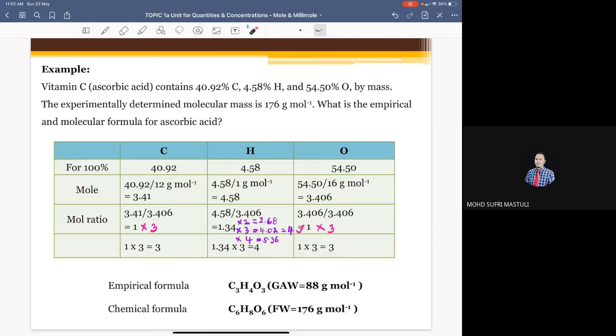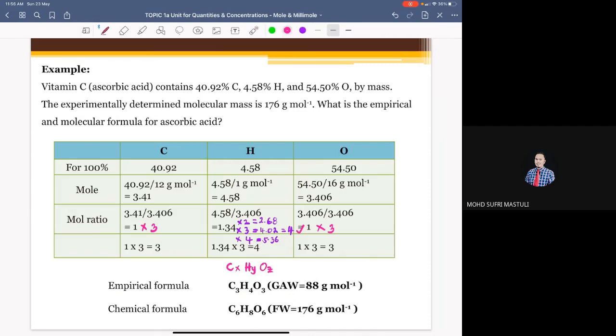So the empirical formula of this ascorbic acid: initially you're not really sure, you say CxHyOz. After you do the calculation in this table, you obtain the whole numbers: carbon C3, hydrogen H4, and oxygen O3. Then you can calculate the molecular weight, 88 gram per mole.